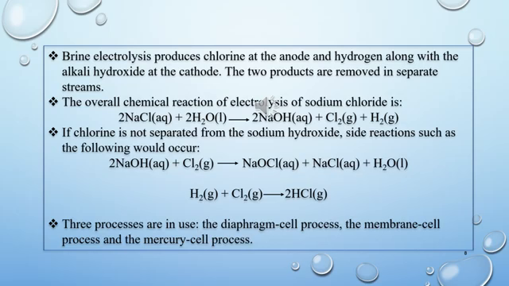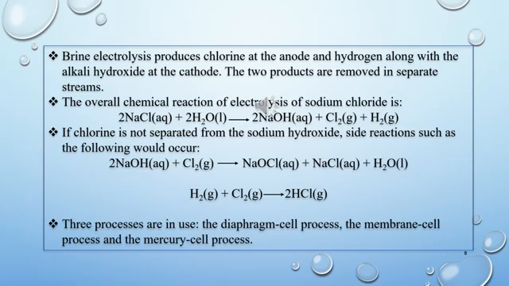Sodium hydroxide will react with chlorine and form sodium hypochlorite, sodium chloride and water. If you do not remove chlorine, it will react with your product and form sodium hypochlorite with your salt. This chlorine can also react with hydrogen and form hydrogen chloride.